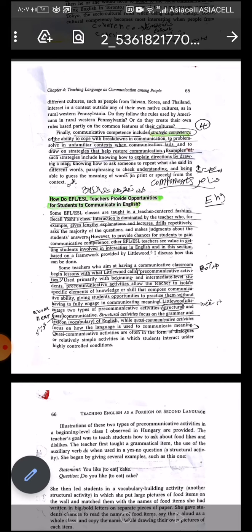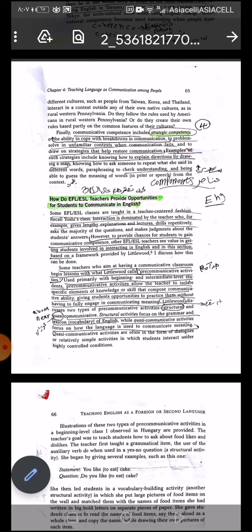So how do we make a relation between communicative competence and the communicative classroom? Littlewood begins lessons with what he calls pre-communicative activities, used primarily with beginning and intermediate level students.